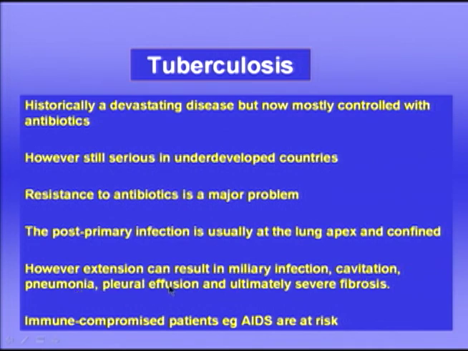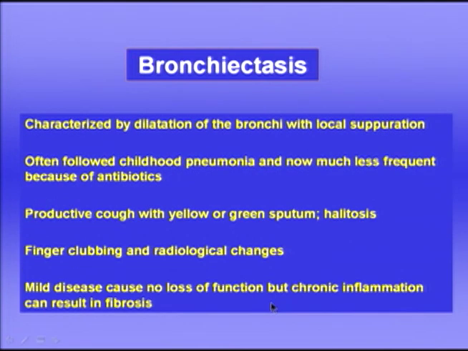You could get pneumonia, pleural effusion, and patients who had old, long-standing tuberculosis would often develop very severe fibrosis and very strange changes on their chest radiograph. Another group of patients who are at risk these days are immune-compromised patients, for example with AIDS, because they may develop tuberculosis. Let's say a word or two about bronchiectasis.